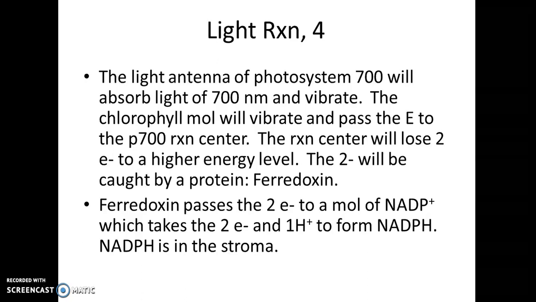Ferredoxin will pass those 2 electrons to a molecule of NADP, which is an electron carrier. It takes the 2 electrons and a hydrogen ion from the stroma to form NADPH, and that is in the stroma, ready for the dark reaction. It goes to the dark side.